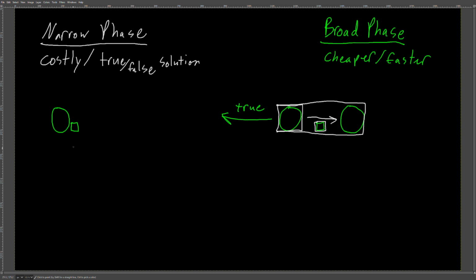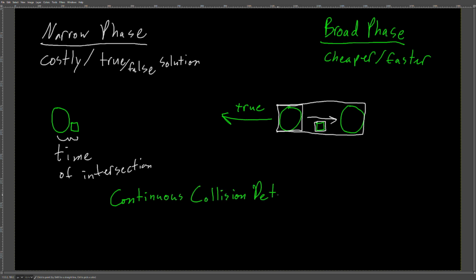In the narrow phase, what we'll do is we'll look at things such as the time of intersection to make a more accurate judgment about the collision that took place. And this is in the field of continuous collision detection as opposed to discrete collision detection.